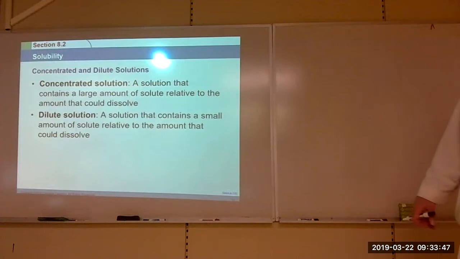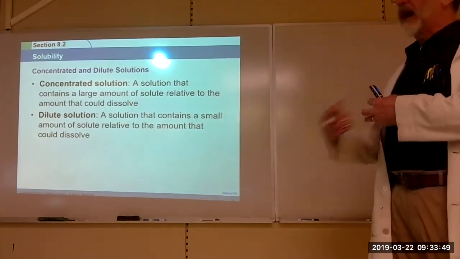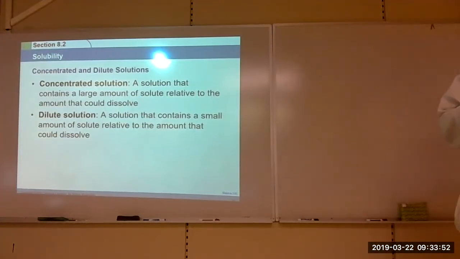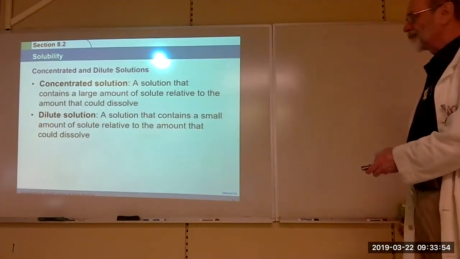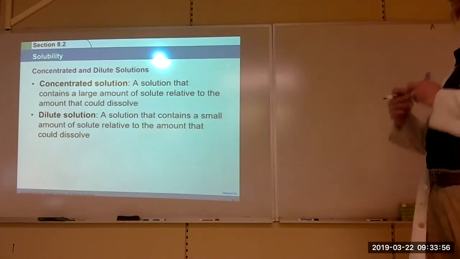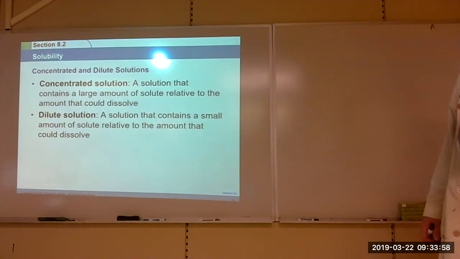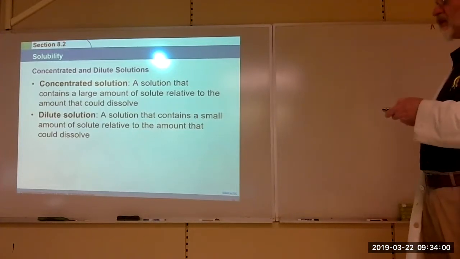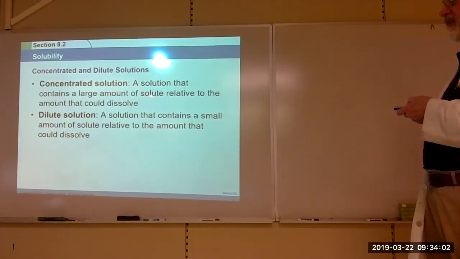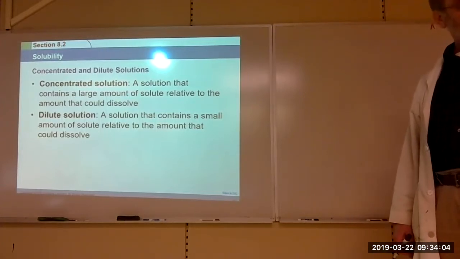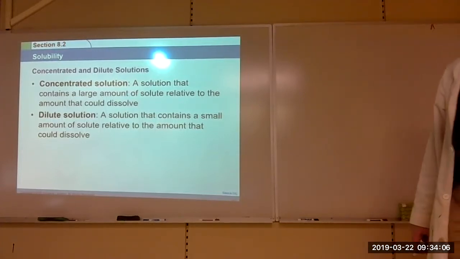Another way to describe your solution is whether it's concentrated or dilute. And these are relative terms. A concentrated solution has a lot of solute relative to the amount that can reach saturation.